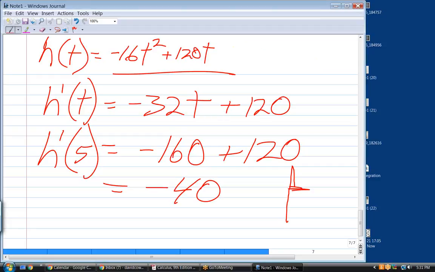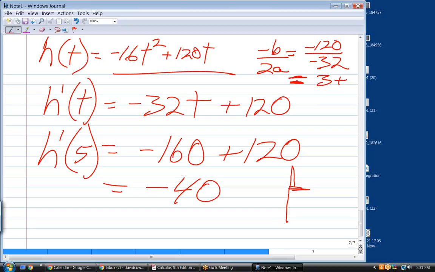Minus b over 2a is minus 120 over minus 32, which is not quite 4, but a little less than 4. So it reaches the vertex after 3 seconds and change, whatever 120 divided by 32 is.